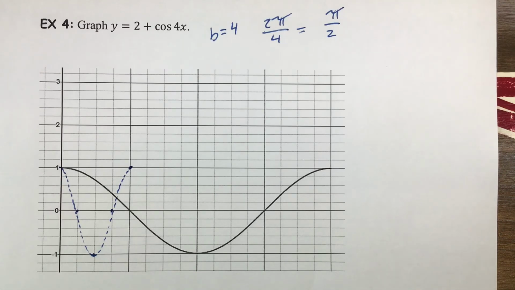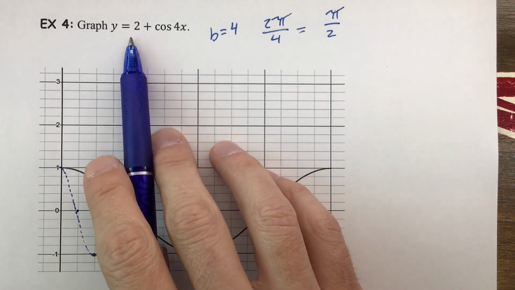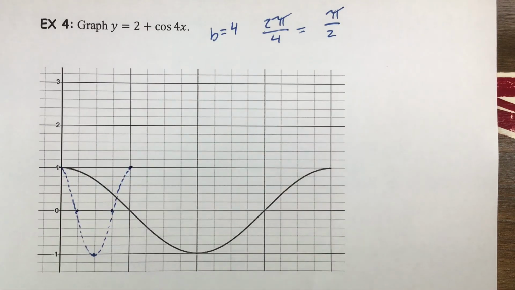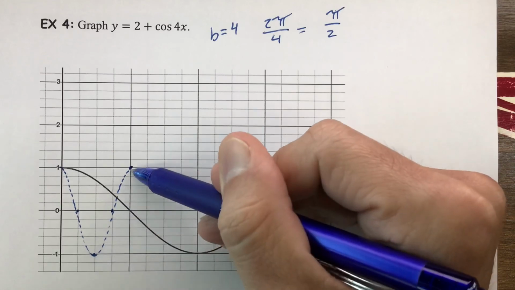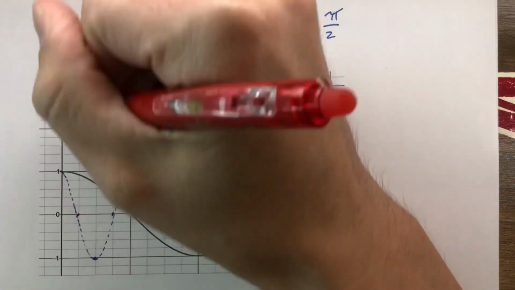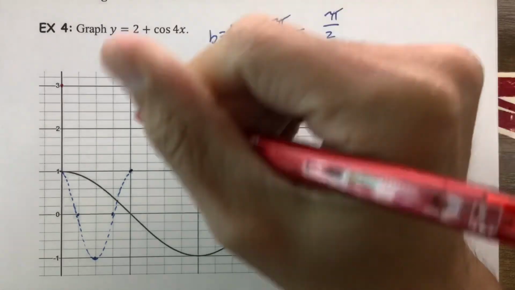All right, now in addition to that, we have the transformation of the vertical translation. That plus 2 is just going to take all the outputs that we have, an output of 1, output of 0, output of 0, output of negative 1, 1, and we're just going to increase all of those by 2. Okay, super easy. Take the 1, put it up here at 3. Take the 1, put it up at 3.